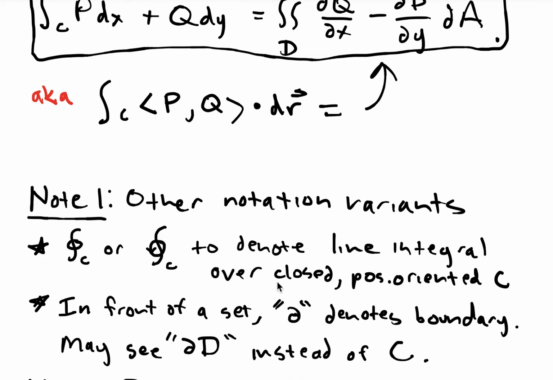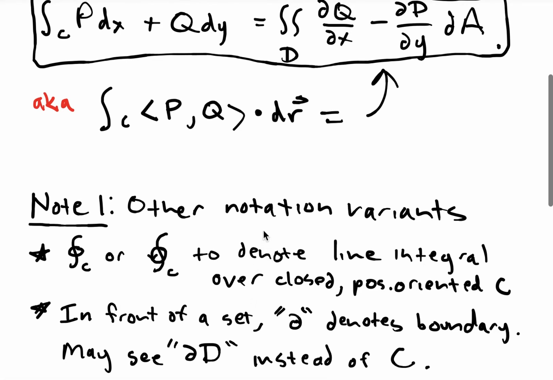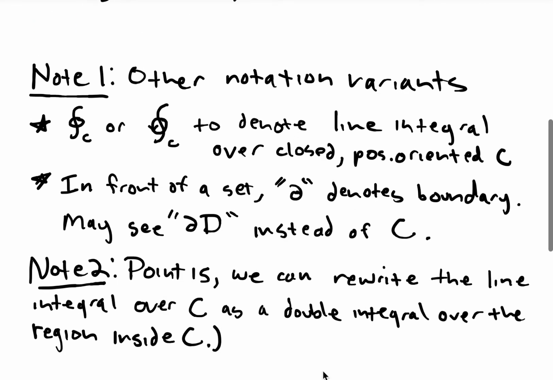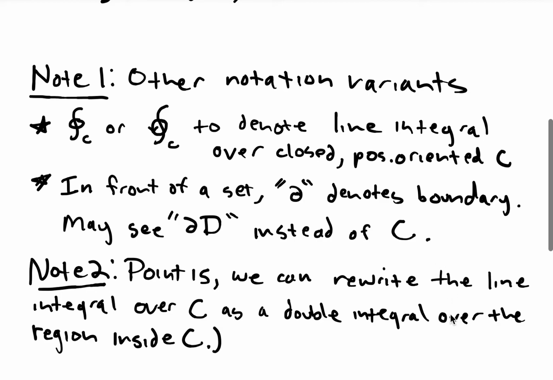Now, another note I'm going to get out of the way is, what's the point of this? What am I really doing with this formula that I've boxed, where I'm converting this line integral to this double integral? Well, the point is, we can rewrite a line integral as a double integral.